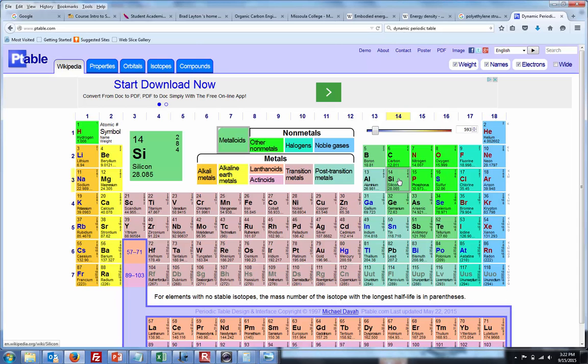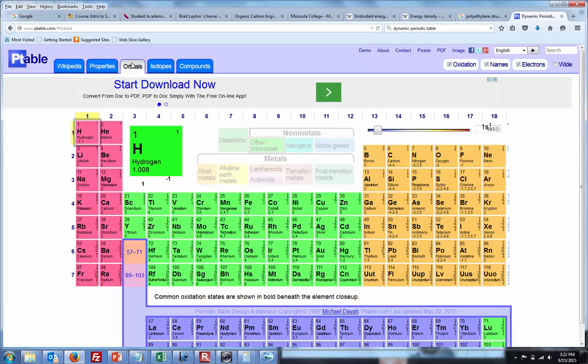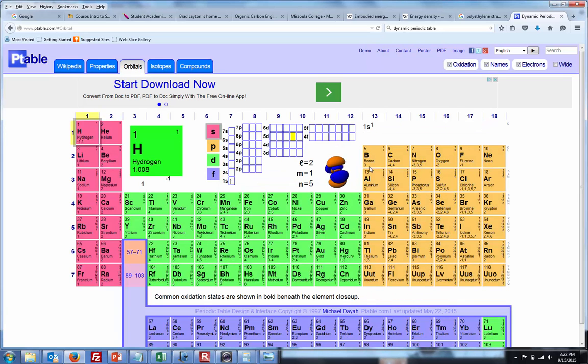If you look at its orbitals, and I tend to try to think about these atoms geometrically, it's got 4 openings in its 3p shell, which means it's going to have 4 neighbors next to it.